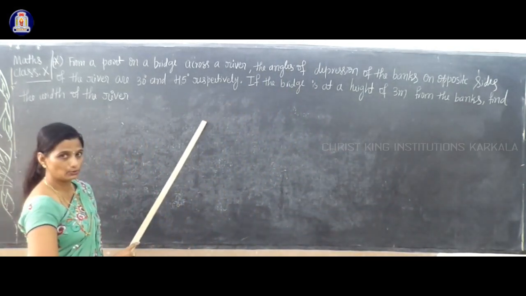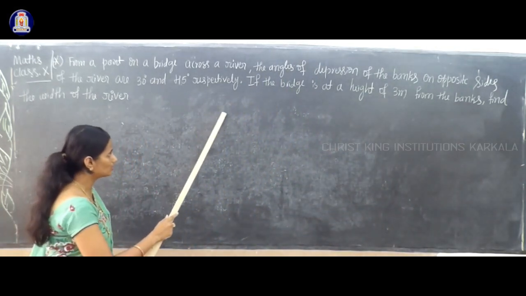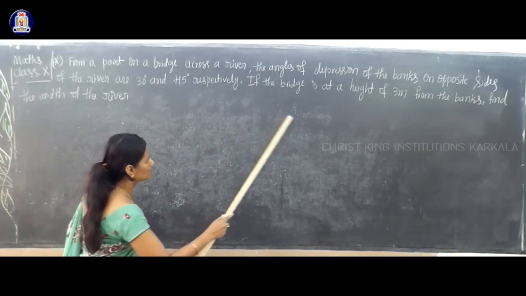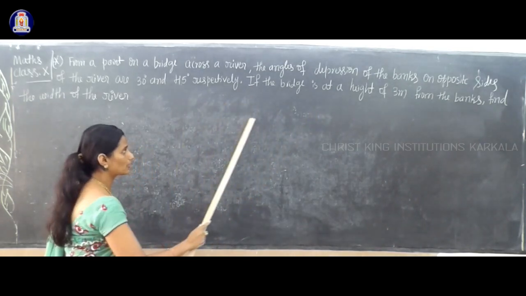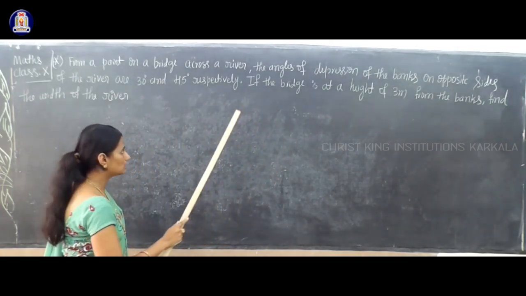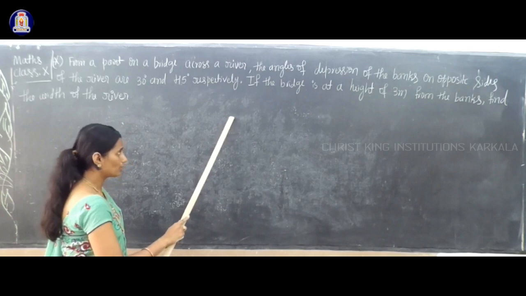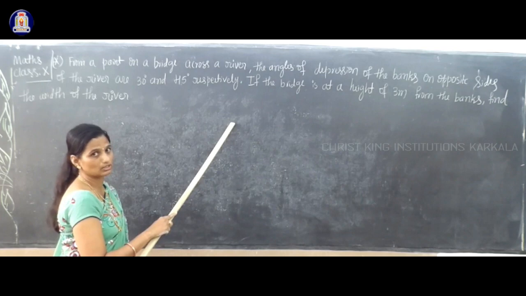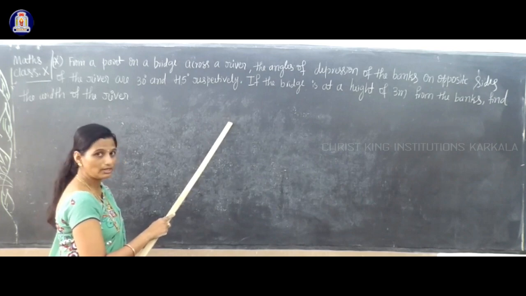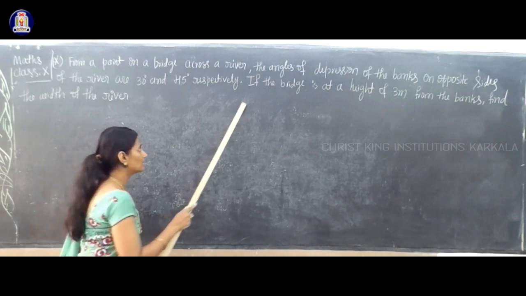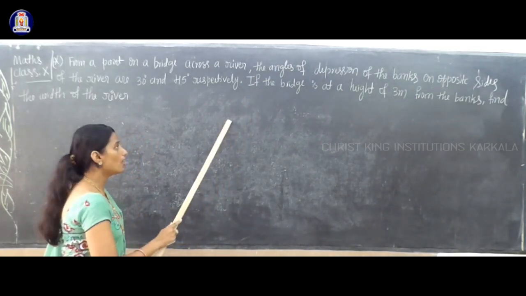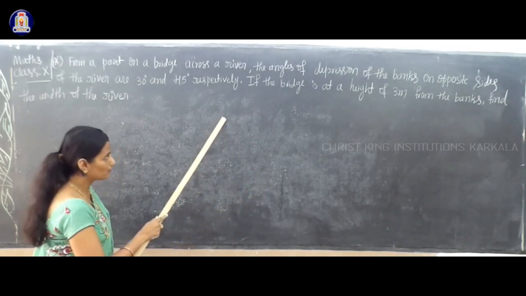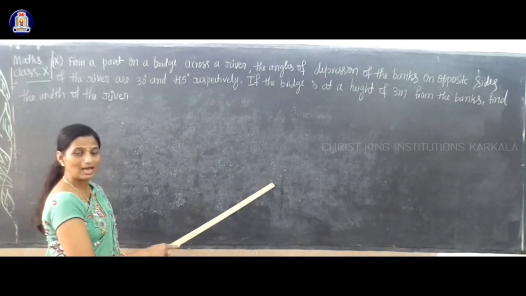So just assume, here is a river, like this you can assume the river. Across that there is a bridge. On which from one point, the angle of depression. So from this point, angle of depression means whether it is above or below the angle. It is below. Correct? Angle of depression is below the angle.